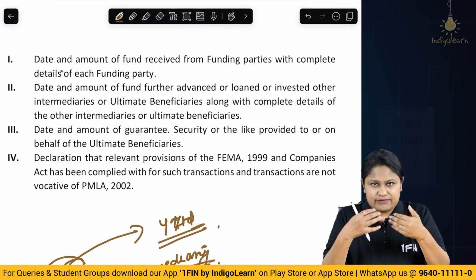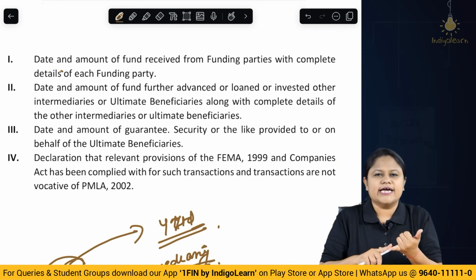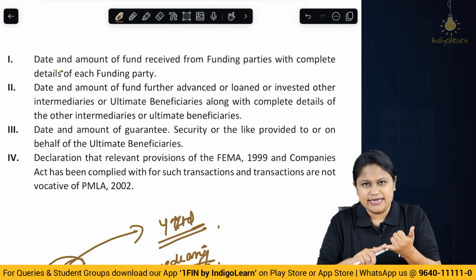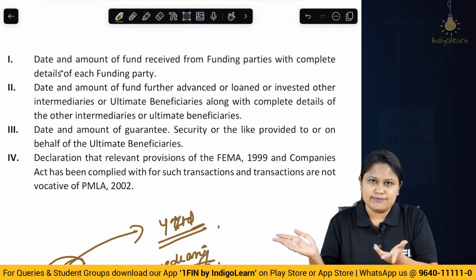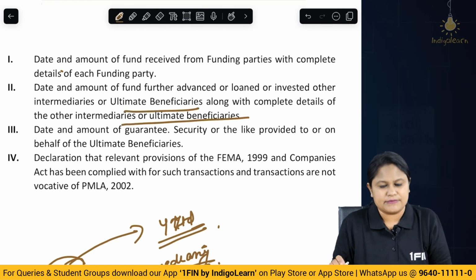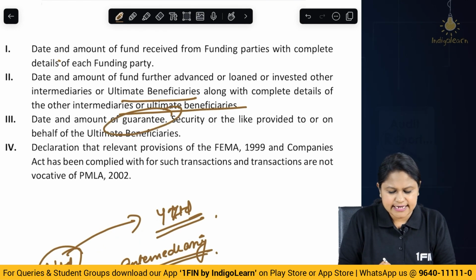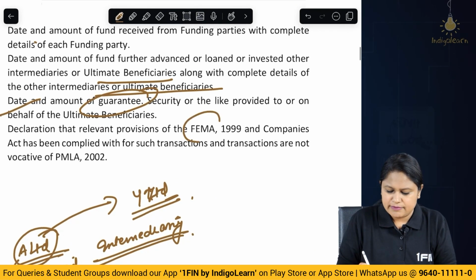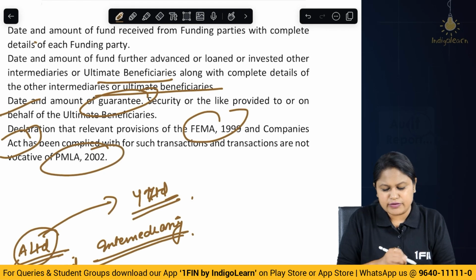Then the next step is what? After I forwarded it. So when did I forward? On what date, what amount and to whom? Same logic here. Date and amount of fund being transferred to the ultimate beneficiary along with complete details of this beneficiary. Then again if it is a guarantee, date and amount, and finally FEMA, Companies Act and Prevention of Money Laundering.